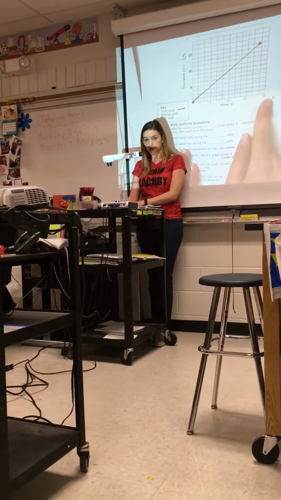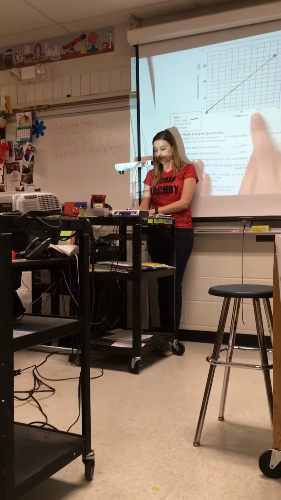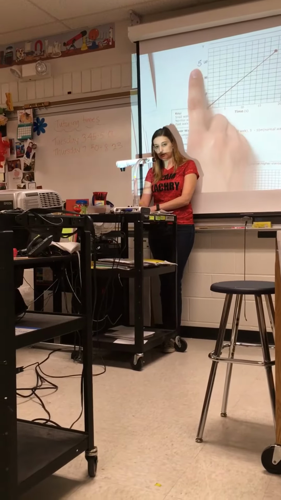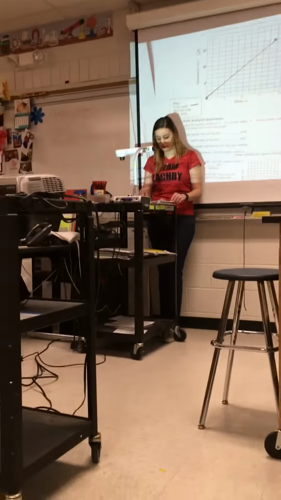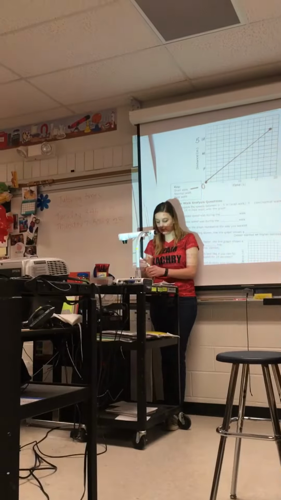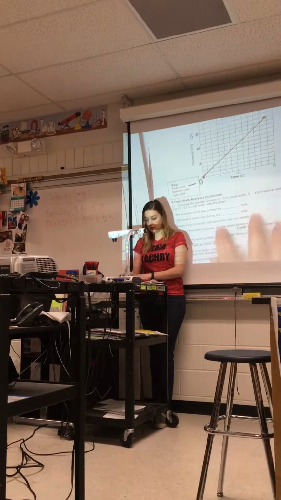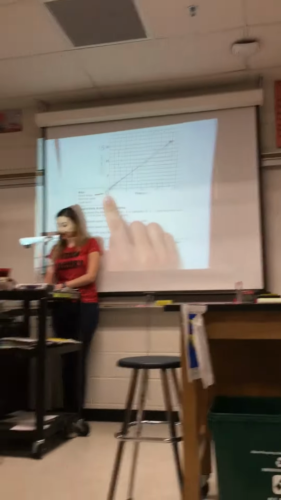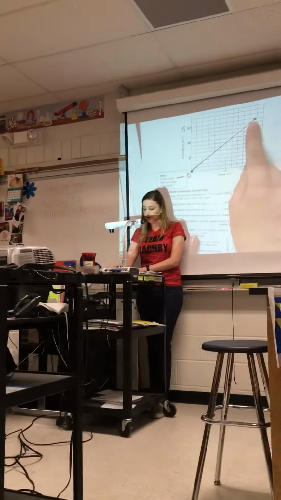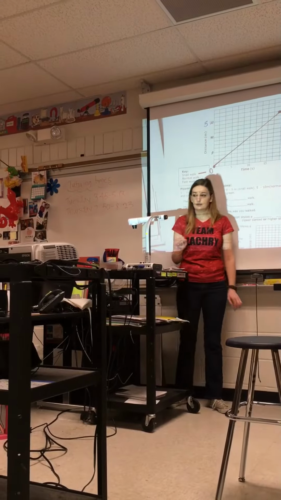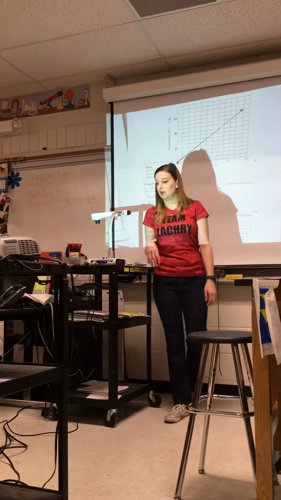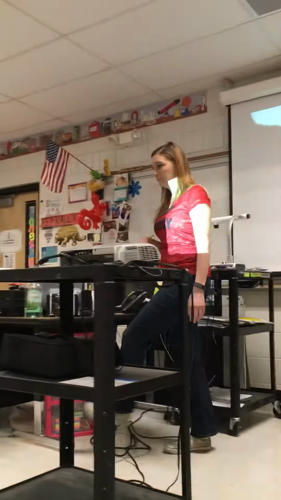So that's between 15 and 20. And then my distance was 5 meters. So I went over my time and up my distance. And this right here is my 0 point. So I started at 0, 0, and I walked for almost 18 seconds and went up to 5. Are there questions about how I did that?